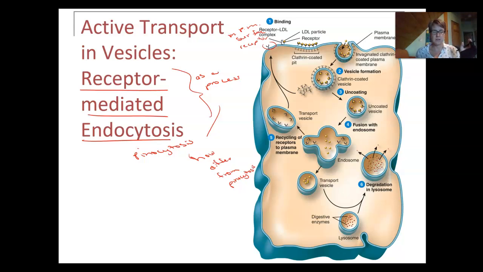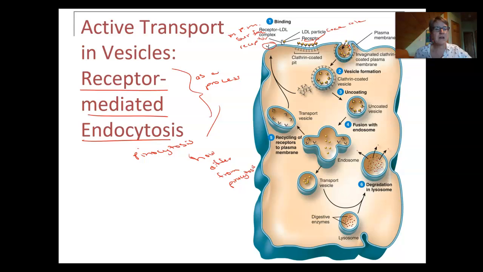I'm a Coke fan, so that potential exists. And nothing else. Water, lemonade, no. I will only see and bring into my body Coca-Cola. So my receptor is specific for Coca-Cola. Well, when I get Coca-Cola, all right, instead of it being an LDL particle, let's do something a little more interesting, like, okay, Coca-Cola.